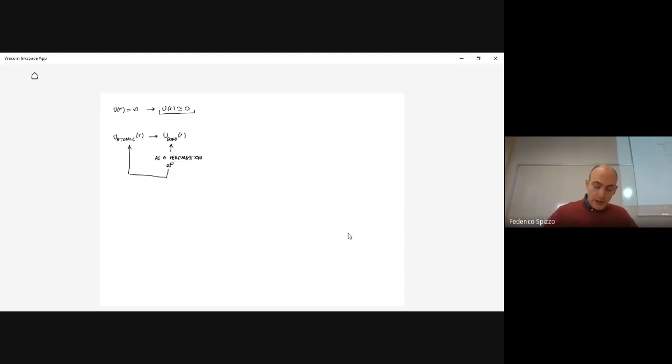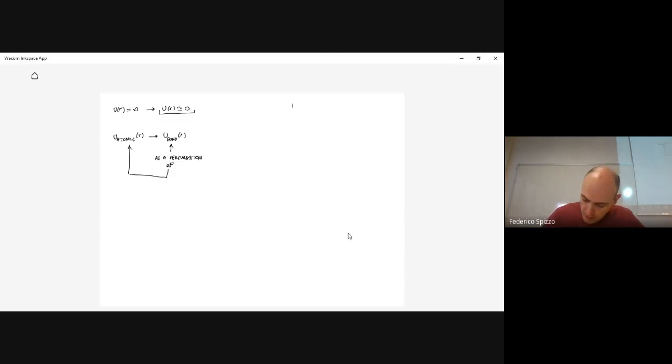So before U of R different from 0 was a perturbation of U equal to 0, in this case, the potential of the solid state is considered to be a perturbation of the atomic potential. And what is the picture you have to use to consider this hypothesis to be correct?